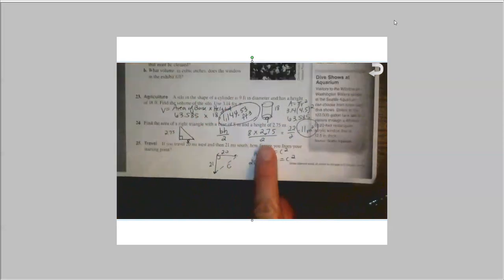So because I'm looking for the hypotenuse, I'll just be able to square these numbers and add them together. 20 squared plus 21 squared is 841. And my last step then will be to take the square root of both sides. So that hypotenuse would be 29 miles back to that starting point then.